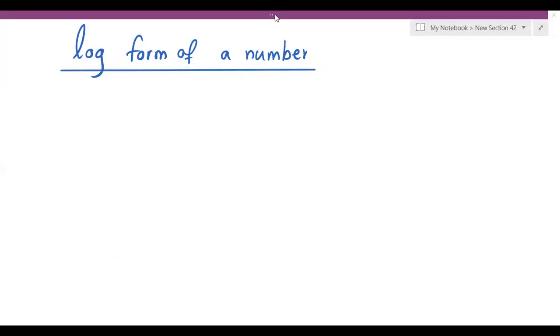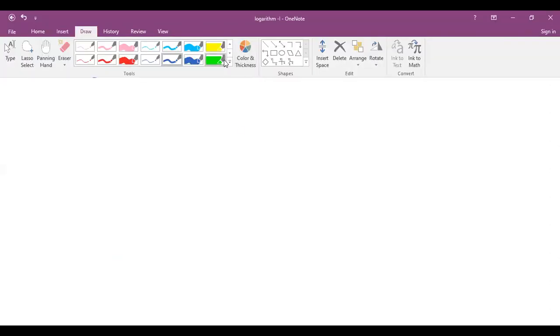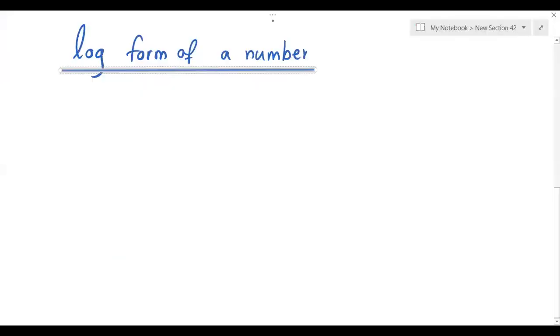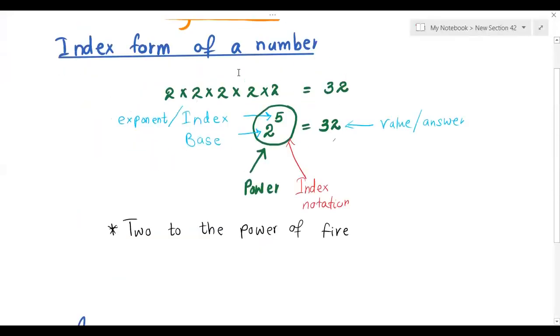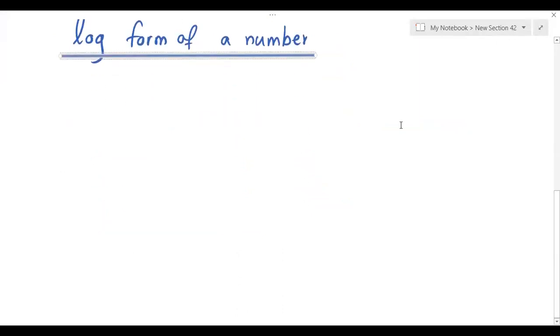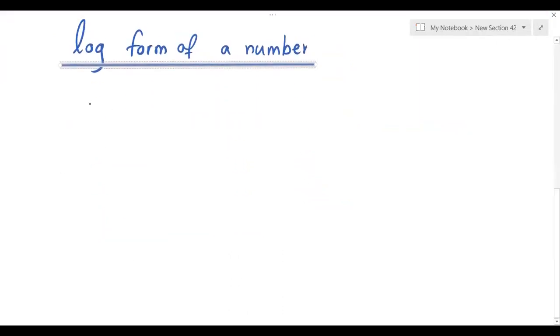Log form of a number. In the previous case, it is 2 to the power of 5 equals 32. When you express this in log form, first let's write this down: 2 to the power of 5 is equal to 32.